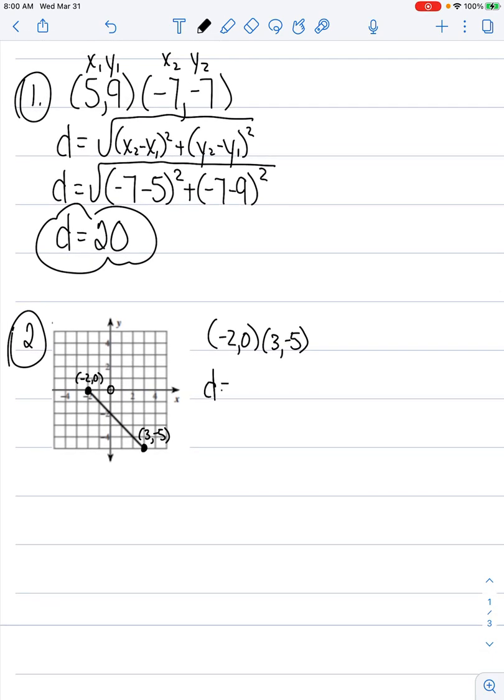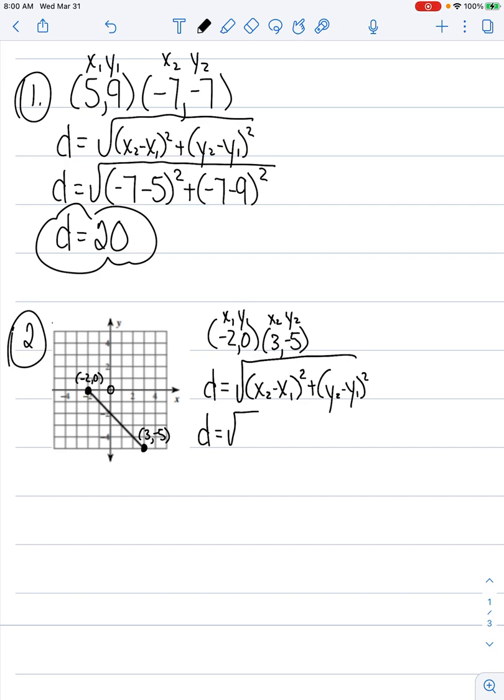First, I write my distance formula. Distance equals the square root of second x minus first x squared plus second y minus first y squared. Next, I'm going to plug in my values. First x, first y, because that's the first point. Second x, second y, because 3,-5 is the second point.